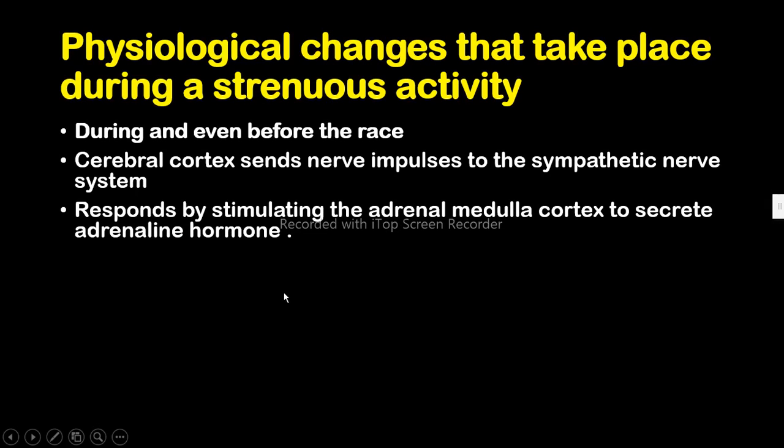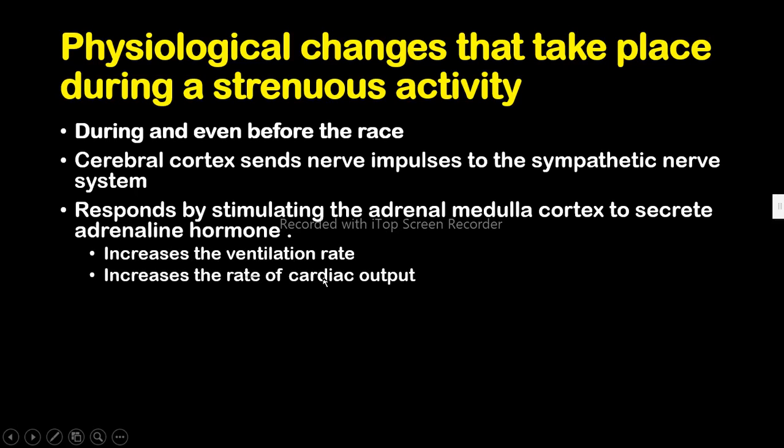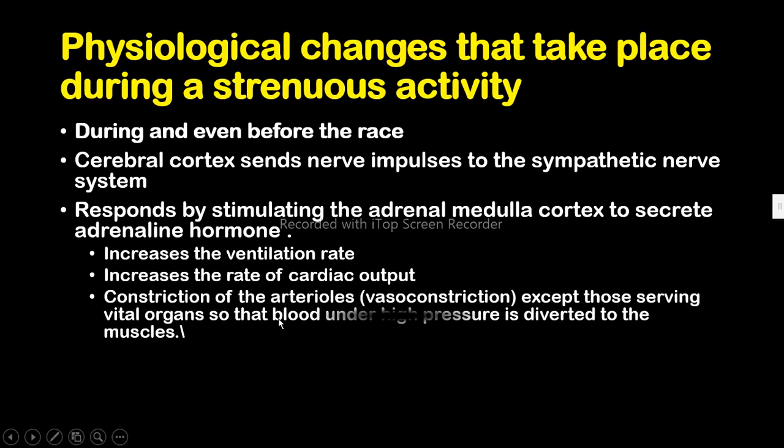And that hormone is good. It is the one that brings about those physiological changes that include increasing the ventilation rate, increasing the heart rate and the cardiac output, then constriction of the arterioles to non-vital organs. For example, now you are going for a 100-meter race. Why should you supply blood to the digestive system?